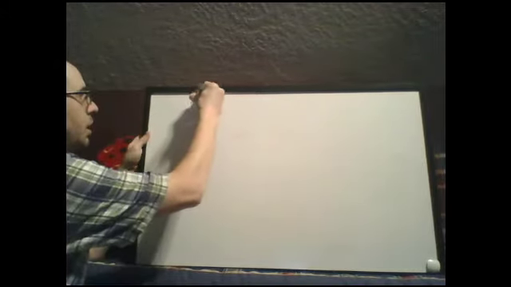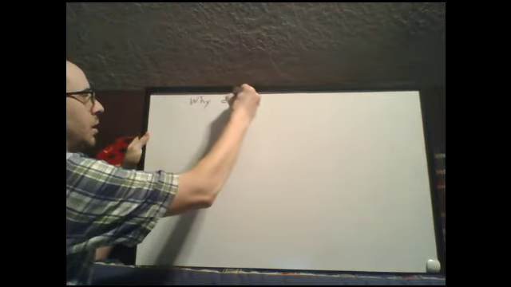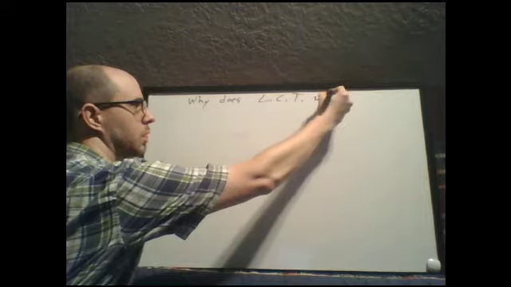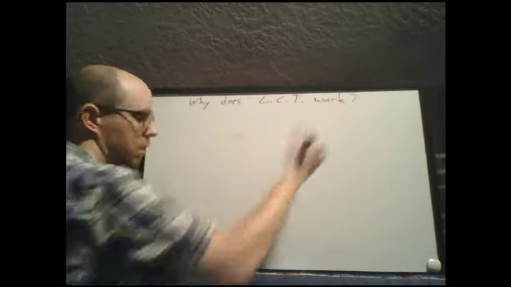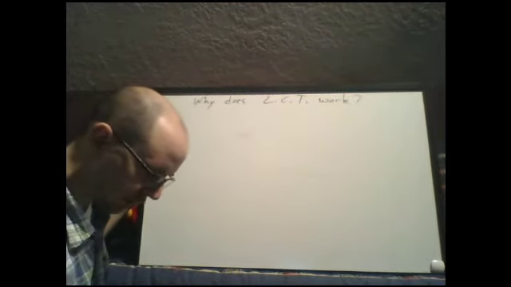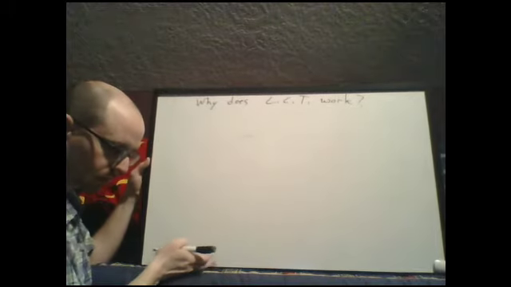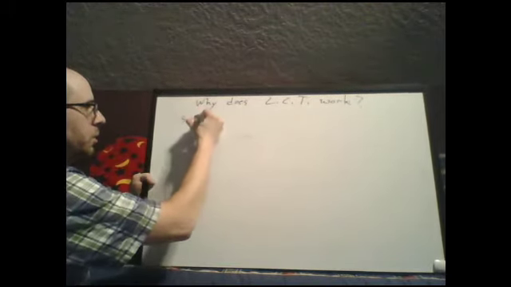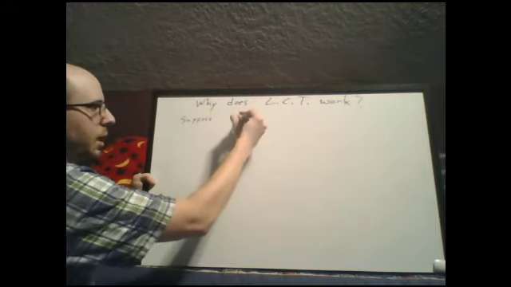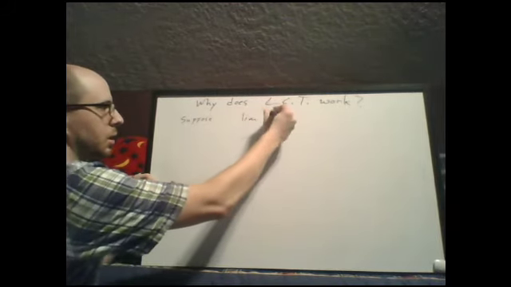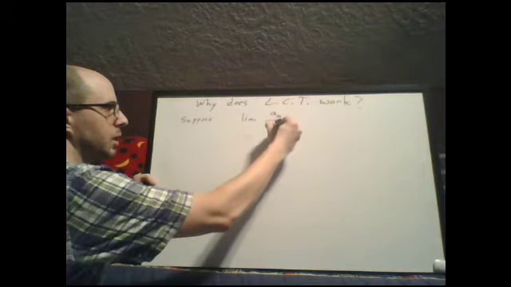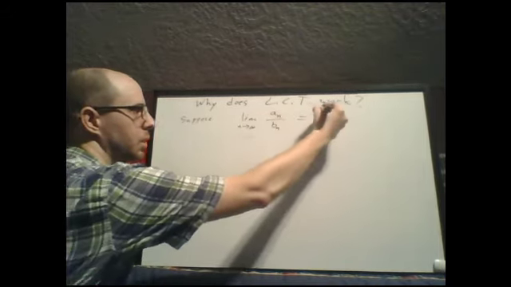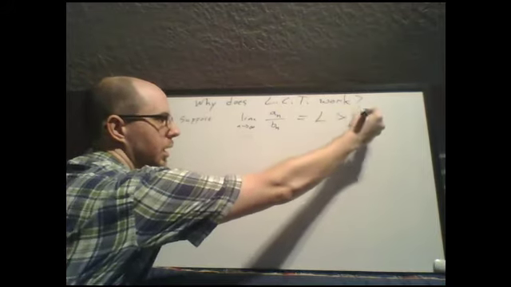So why does the limit comparison test work? Okay, so we suppose that the limit of an over bn as n goes to infinity equals L, and L is a positive number.